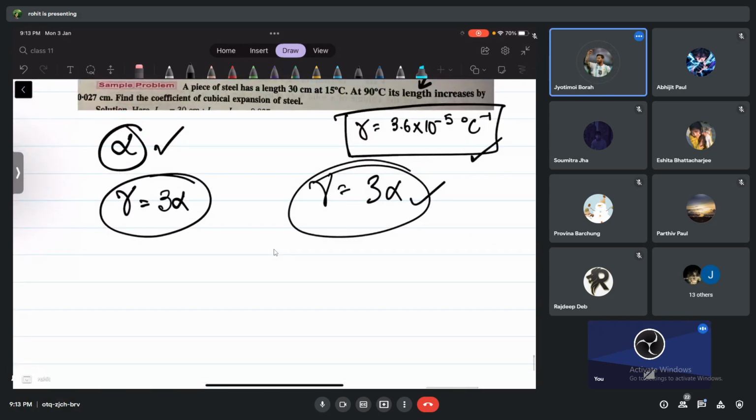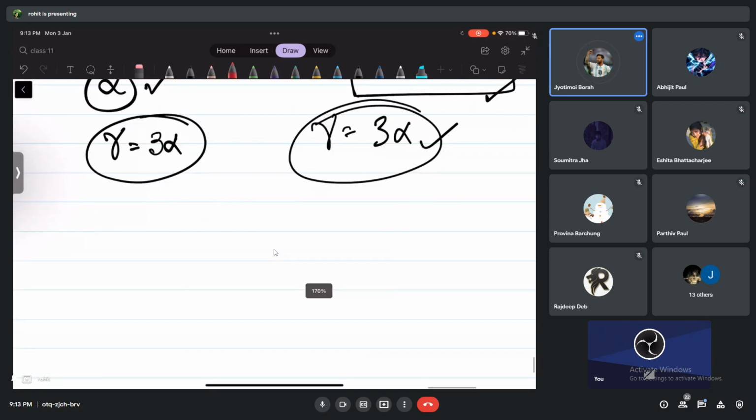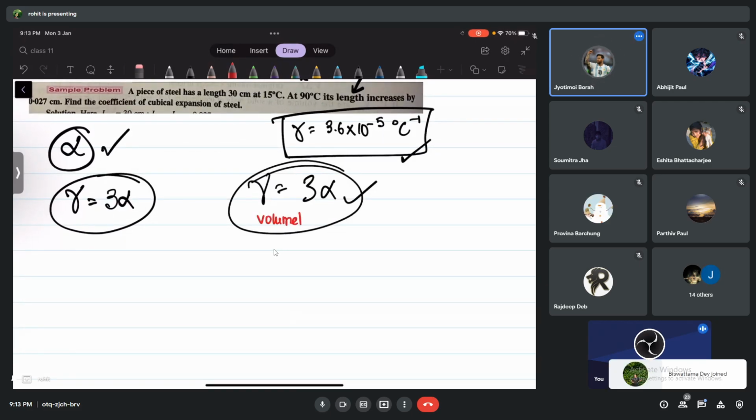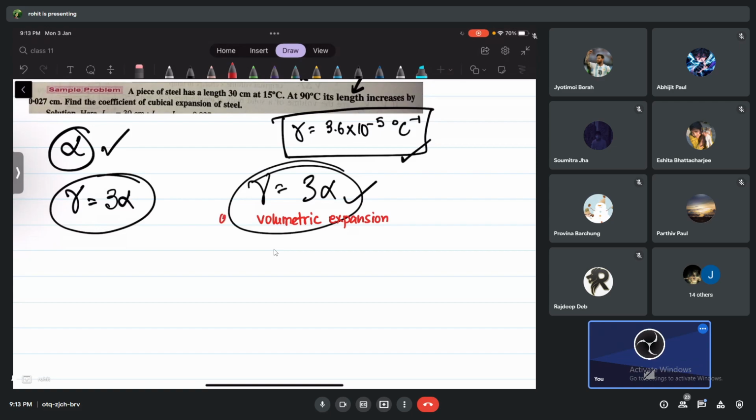Yes, Jyotirmoy. Sir, it is written cubical, so you have to use the formula 3 alpha, no, sir? Volumetric expansion, yes. The question is the coefficient of volumetric expansion. You have to find gamma. So then put the value of alpha in that formula. How did you write alpha?